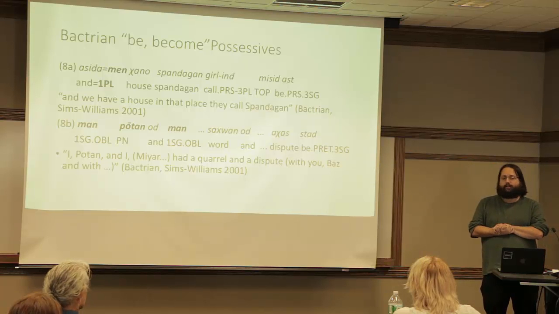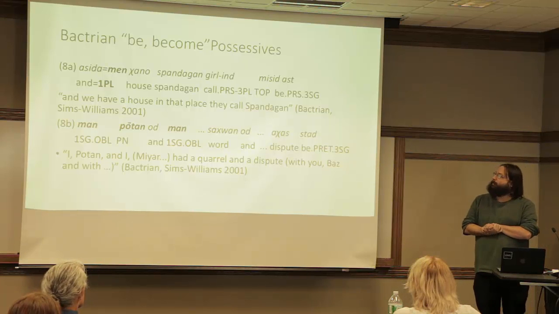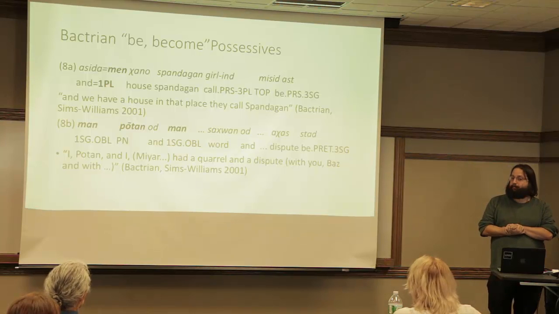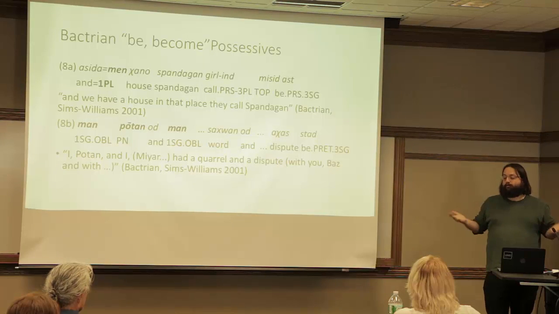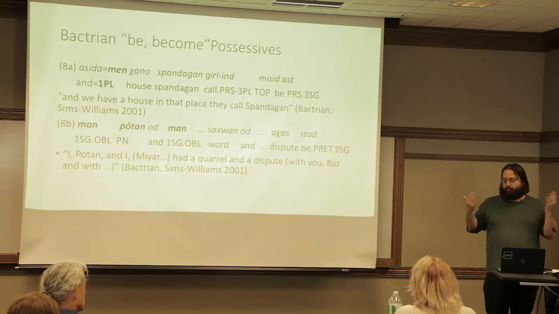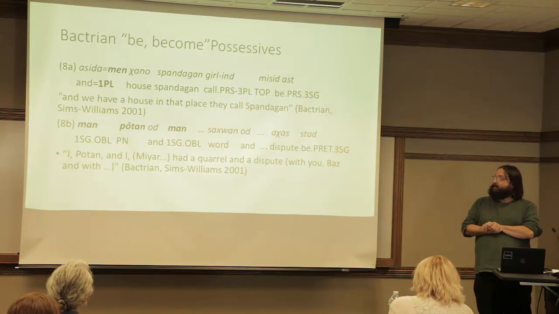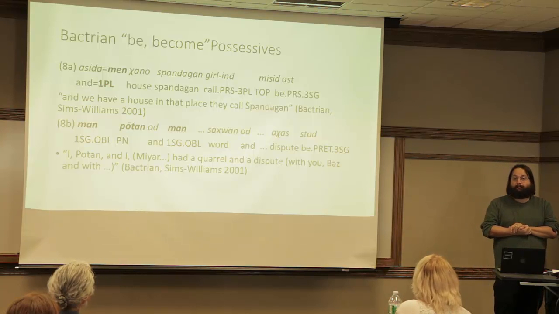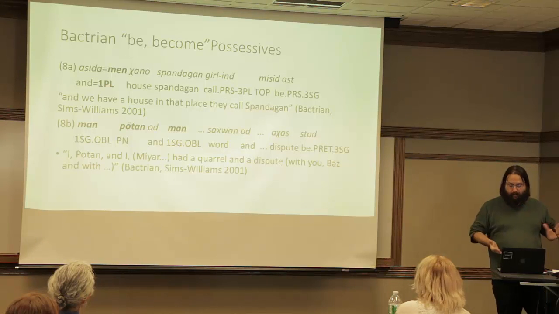So we have two strategies, the oblique case and the clitic pronoun. The clitic pronoun is still used for recipients and for benefactives. The oblique case is sometimes used for that, sometimes not. It is a bit murky, and some more analysis is needed.